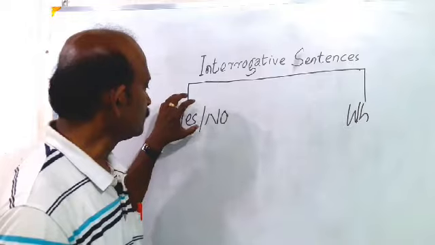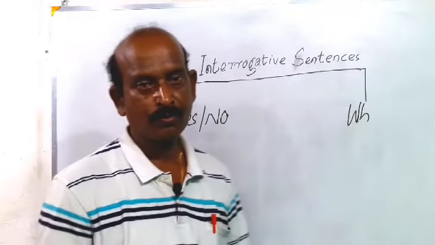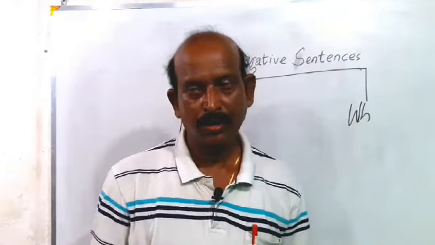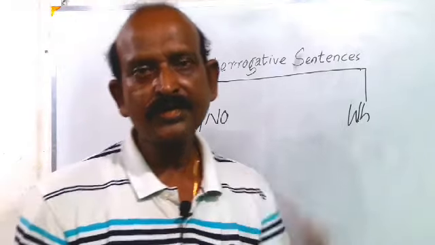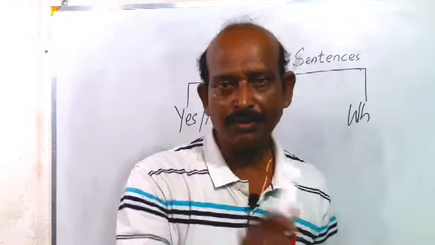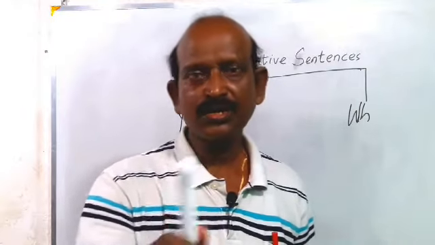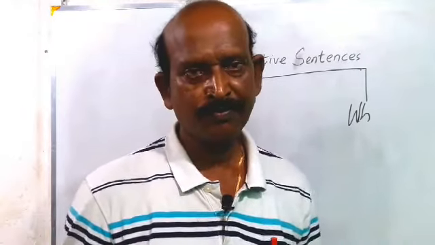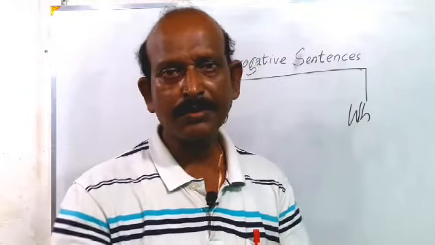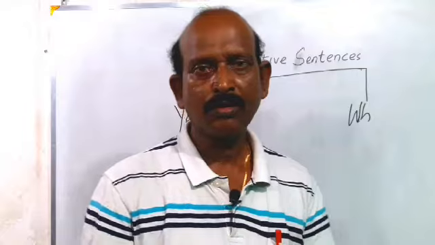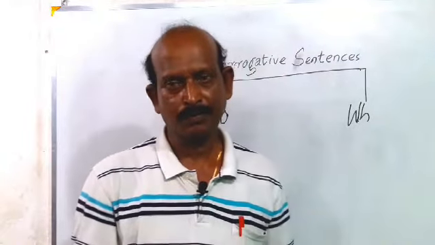First we should know what a yes-no type question is. A yes-no type question is a question which begins with an auxiliary verb. That may be a modal auxiliary or a primary auxiliary. It is not a matter, but it begins with an auxiliary verb.